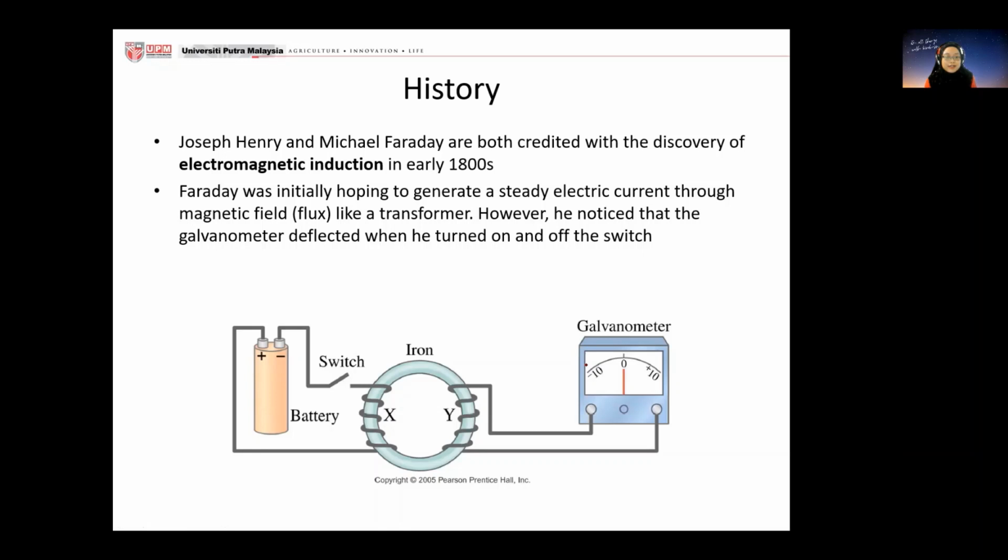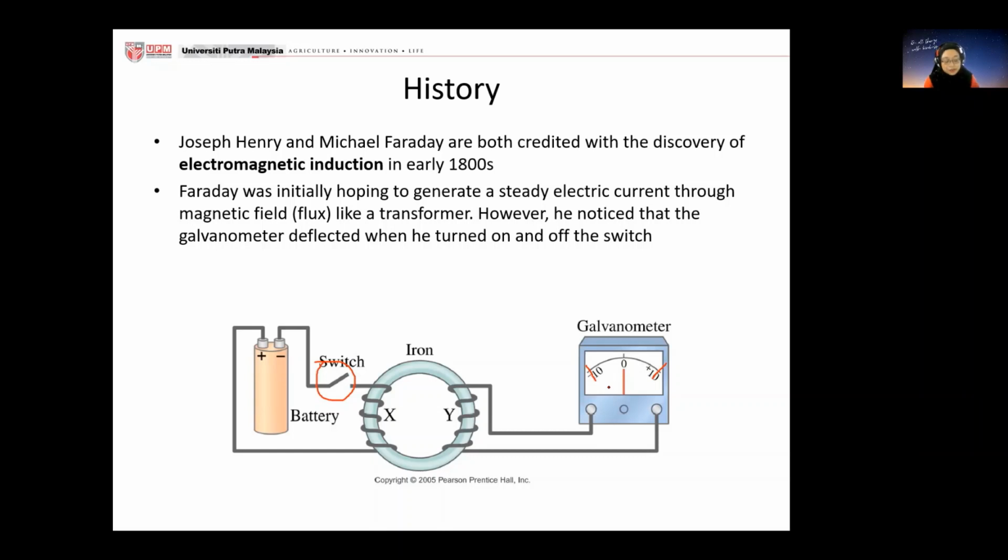So basically 1 second here and then another second there, right? But that only happens when the switch was turned on and off. So in between, the current is 0. There's nothing. Okay. So he was very, very interested.